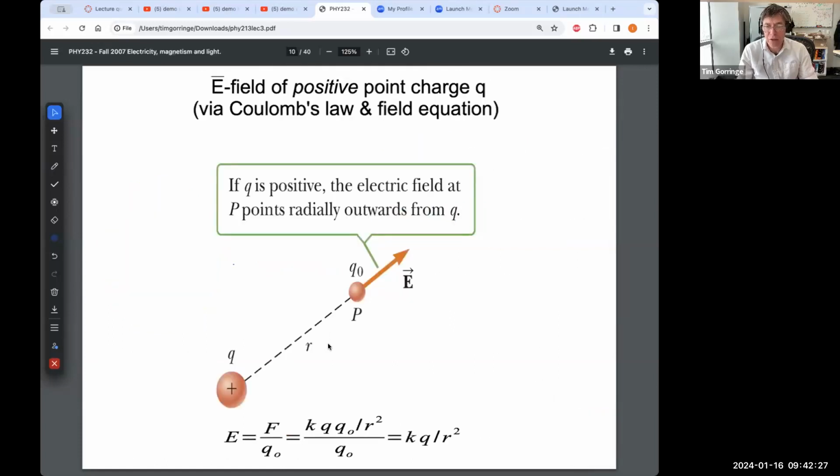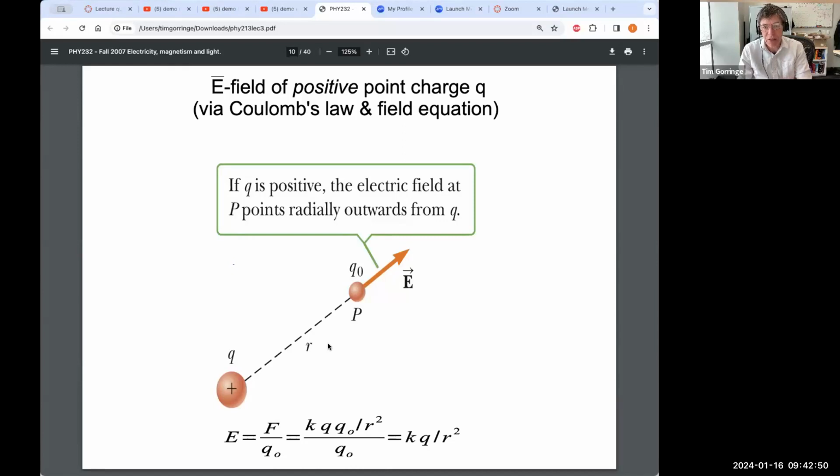Okay, so with the field equation defining the electrical field, we can combine that with Coulomb's law for point charges and write down not just the force between point charges, but now the electrical field of point charges. And so I've got two slides here.